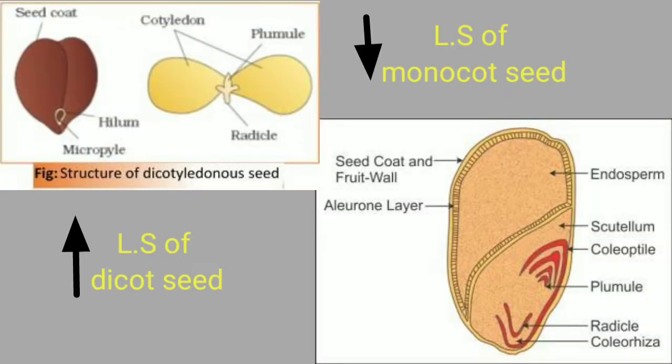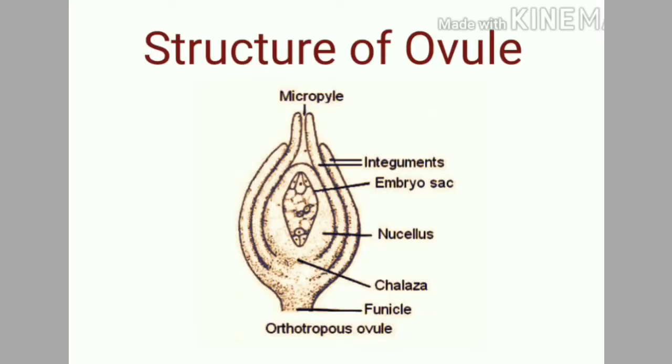Now, before discussing the structure of the seed, we just need to have a small idea about the structure of the ovule that is found inside the ovary. An ovule is an oval shaped structure and it has the following parts.